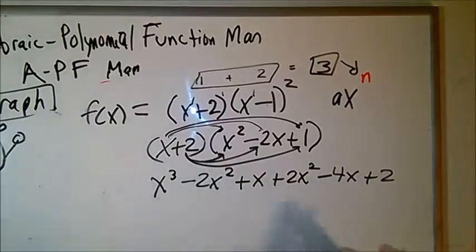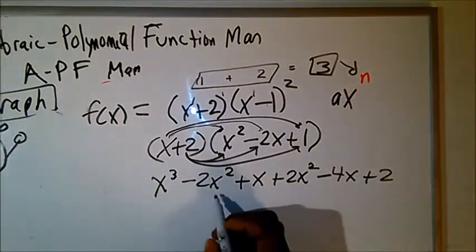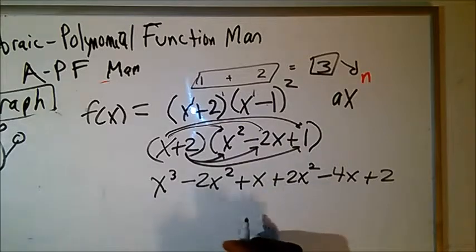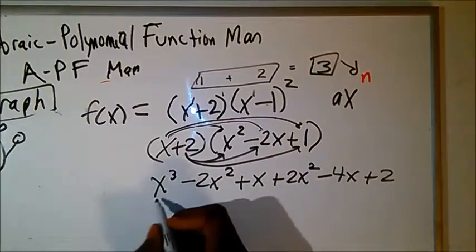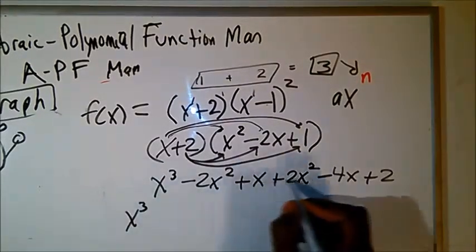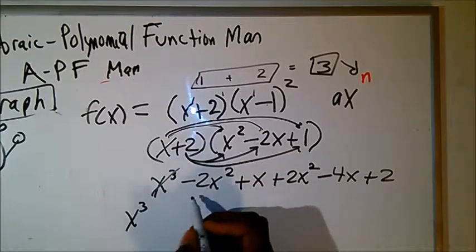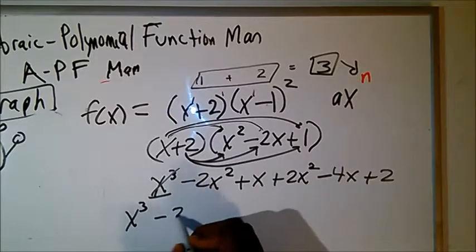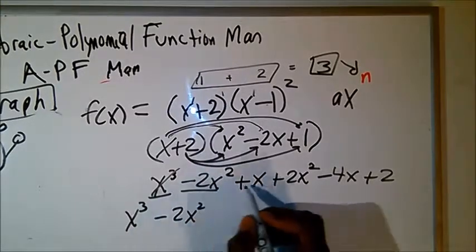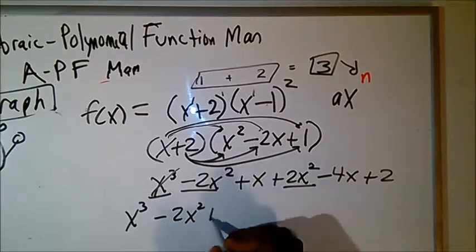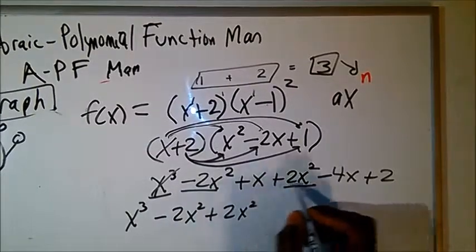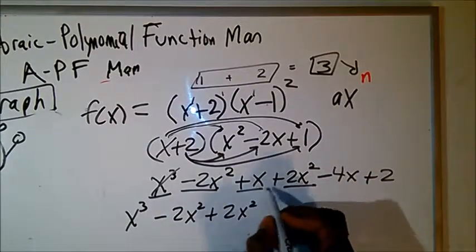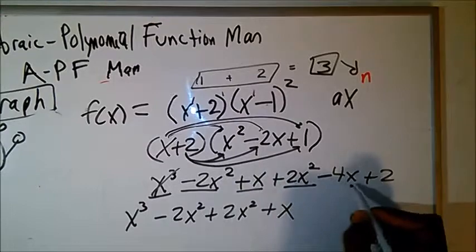Now try to put like terms together. Okay, so we have x cubed here. There's no other cubes here. Good. Cross that out. Underline it. There's an x squared here, negative 2x squared. Any other squares? Yes, there's one right here, so it's positive 2x squared. Any other? Nope, no other squares. Okay, here's an x here. Any other x's?